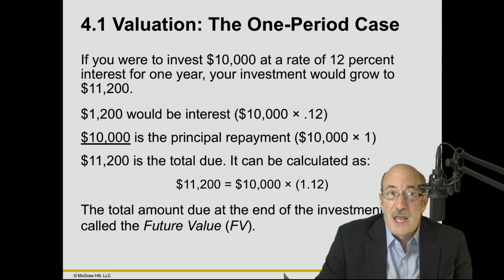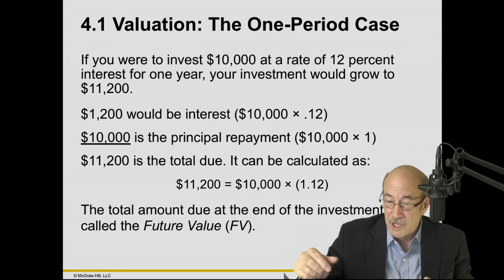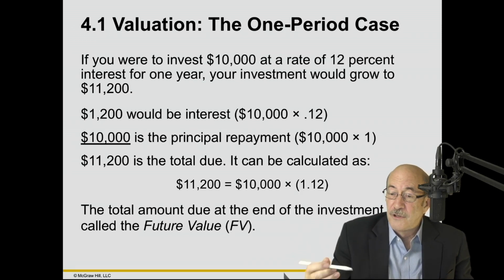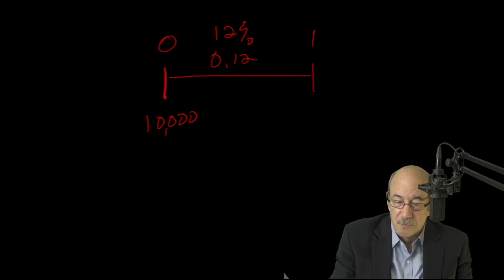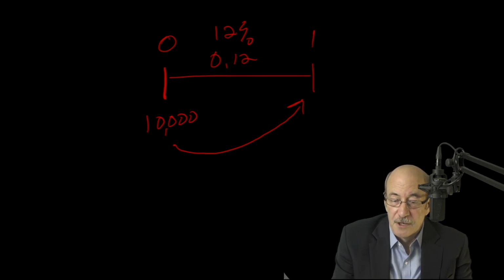This is what's known as a future value. So let me show you this on the blackboard. I like to use a timeline. Timelines are really helpful. If we start over here with our $10,000, and we're going to be earning 12%, or 0.12, over this period of time, we're moving that $10,000 out to time 1, the end of the year.